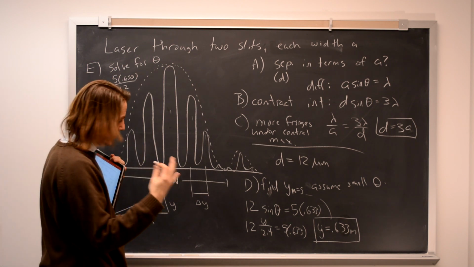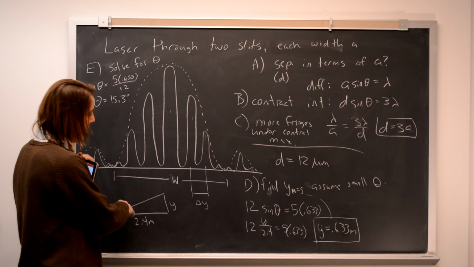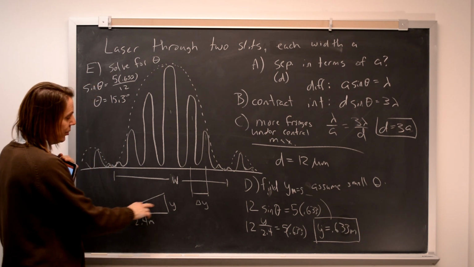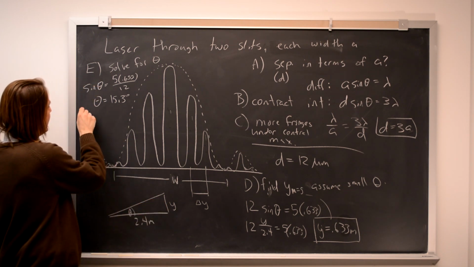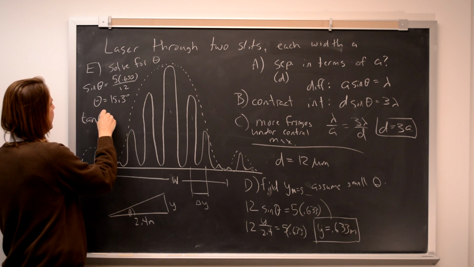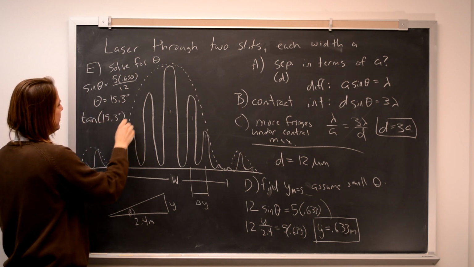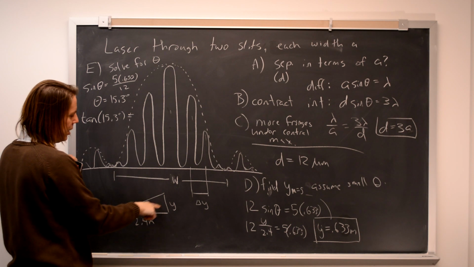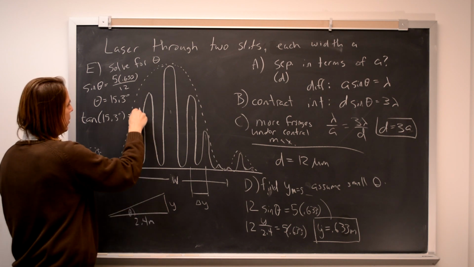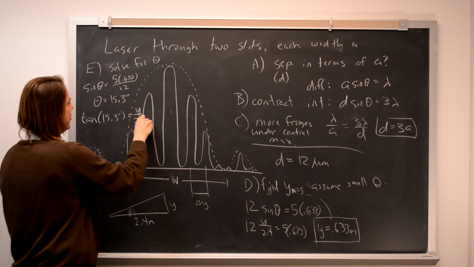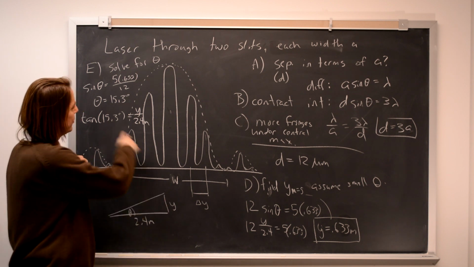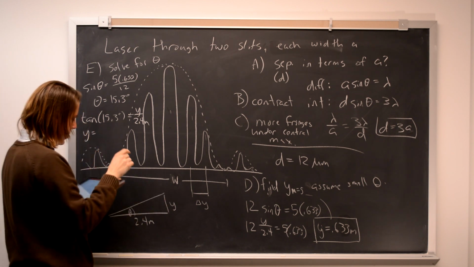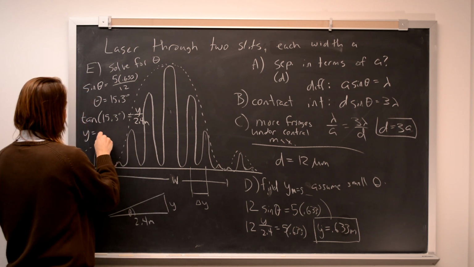Right? So we actually treated it properly like a sine. Now we know the angle, though, and we now know exactly what the tangent is. Take the tangent of 15.3 degrees, and set that equal to opposite over adjacent, y over 2.4 meters, and you solve that, and you get y equals 0.656 meters.